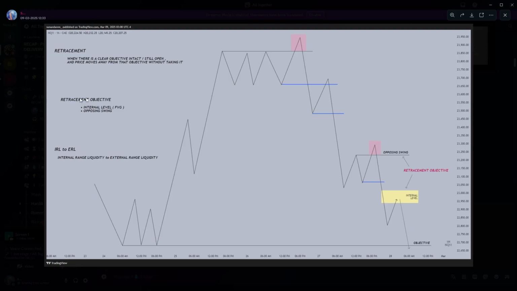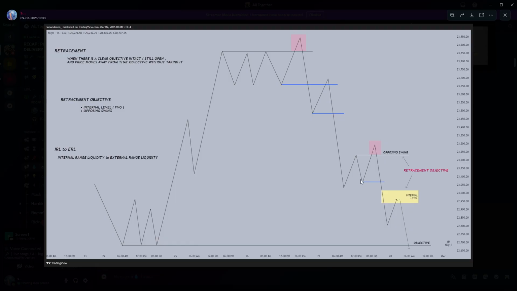And how do you frame retracement? By internal levels, right? Sorry, by retracement objective. Retracement objectives are of two types: an internal level, which is an FVG, and an opposing swing. Like this was the opposing swing here.